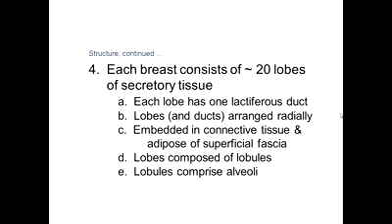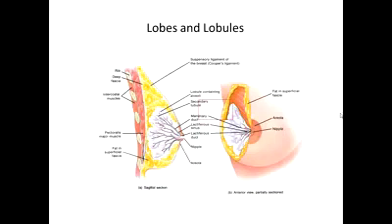So this is the structural unit of the breast: lobes and lobules. Again, the same picture shows the lobes containing alveoli, secretory ducts, mammary ducts, lactiferous ducts, and nipple. This is the secretory unit of the breast.